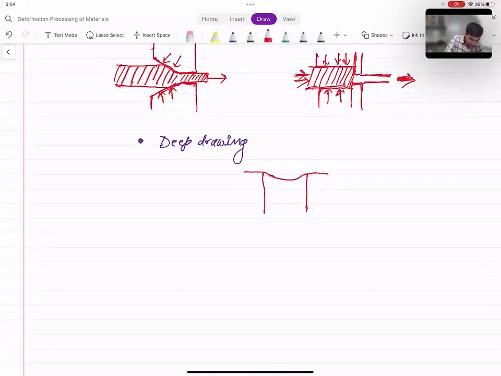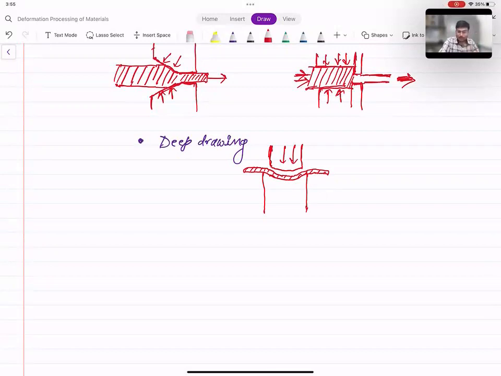Why I have drawn it in this way, you'll get to know in a moment. So suppose this is my workpiece. Here a punch pushes it down. Basically we intentionally press it using this punch in this direction.